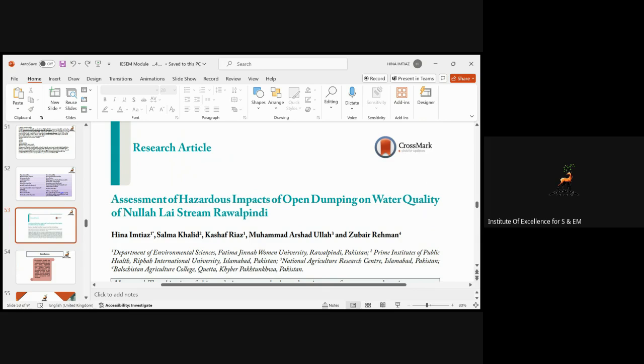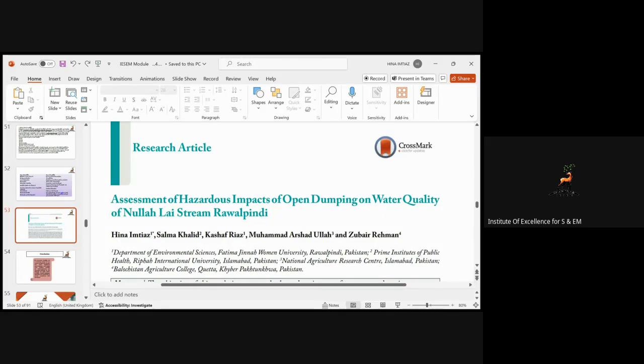So basically, if you want to write any research article, you can use this method. You can survey such type of area in which people are facing the problem of solid waste management. You just fill out the questionnaire and formulate a report and publish it. I designed the questionnaire, visited the site, filled out the questionnaire from the local people, and designed a report and published it.